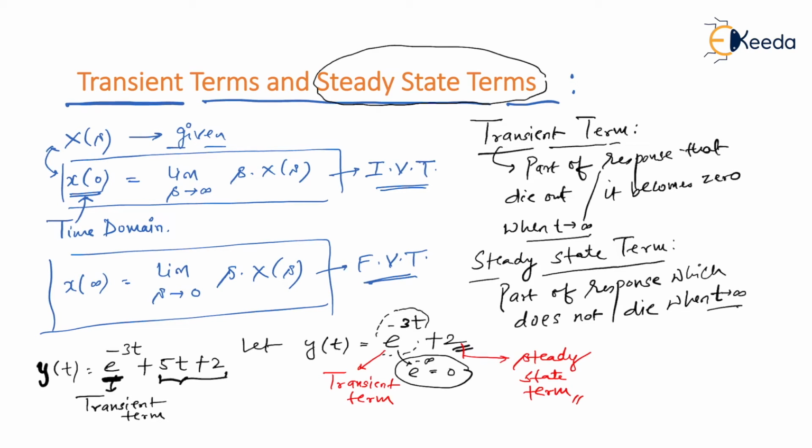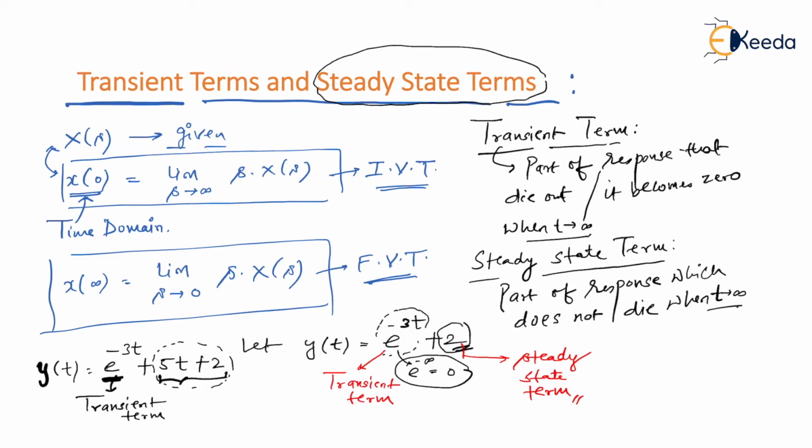Since these two parts don't die out or become 0 when t tends to infinity, whatever remains, whether it is time dependent or time independent, is the steady state term. In the previous problem, this 2 was time independent, but that's not the only reason it is a steady state term. The reason is that when t tends to infinity, it doesn't become 0.